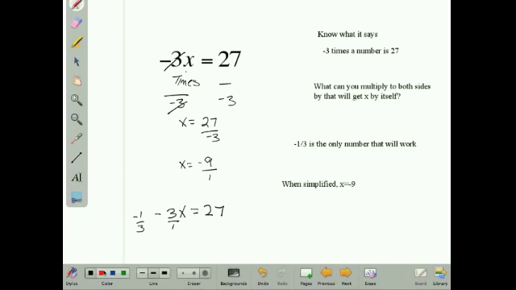If I multiply both sides by a negative 1 over 3, this cancels everything out. I'm left with x on one side equals 27 times negative 1 divided by 3, which again gets you negative 9.